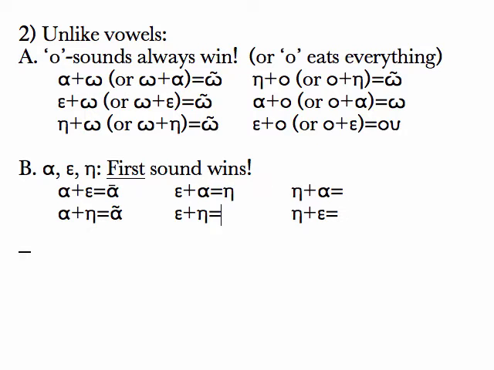Epsilon plus an eta, plus alpha gives me an eta as well, but again, since I've got 3 mori in this combination, I can go ahead and mark that with a circumflex. Here as well, now I'm beginning with eta, so I'm going to keep the eta sound, and because eta is long and I'm combining it with another short, I know that I'm going to have a circumflex as well. So in both of these scenarios, I get eta with a circumflex.